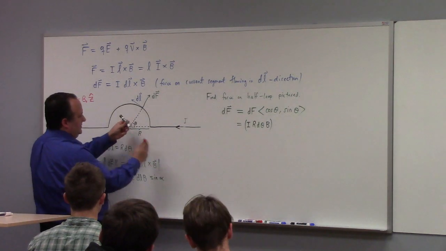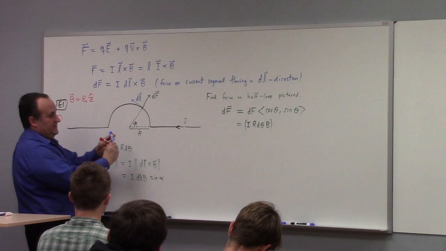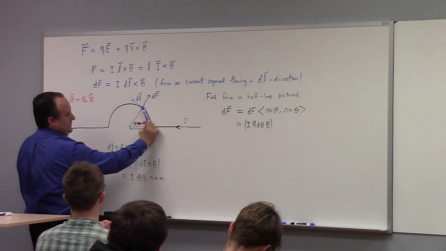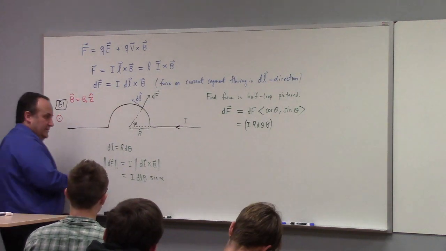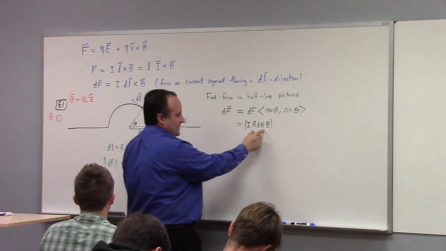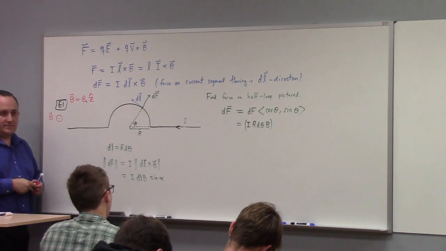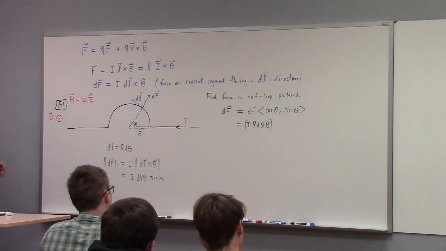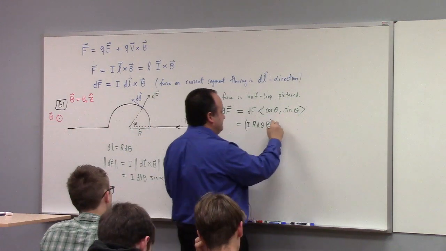No matter where dl is, the magnetic field's coming out, so alpha is always 90 all the way around. So this is just I dl B, which is this. So that actually is the formula for the magnitude dF. We don't need anything else there, except of course this guy.